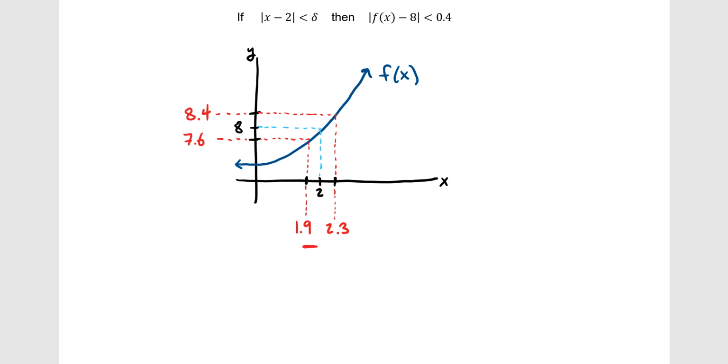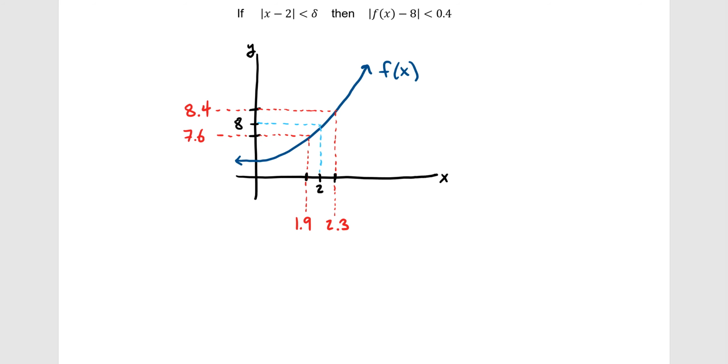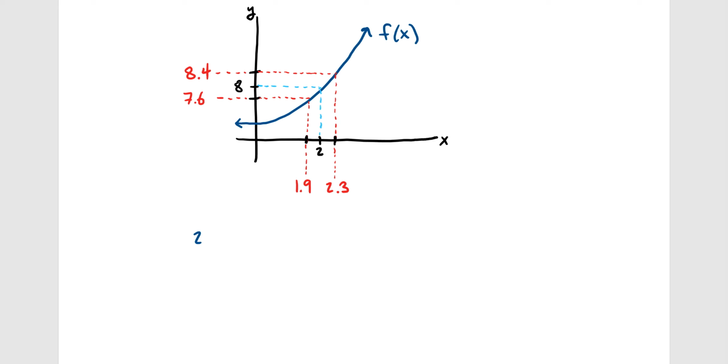Is 2 minus 1.9 shorter? Is 2.3 minus 2 shorter? Whichever one's the smaller number is our delta. So 2.3 minus 2 is obviously 0.3, and 2 minus 1.9 is 0.1. So the smaller number is 0.1. So that is our delta. Delta is 0.1.